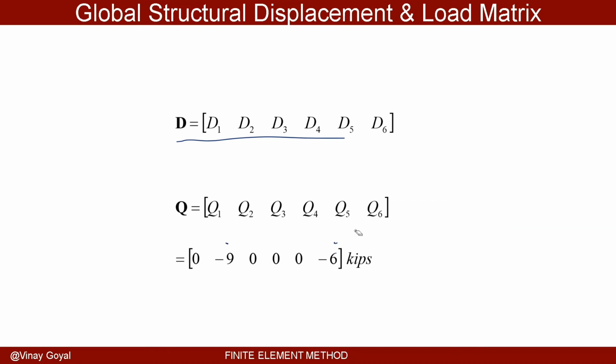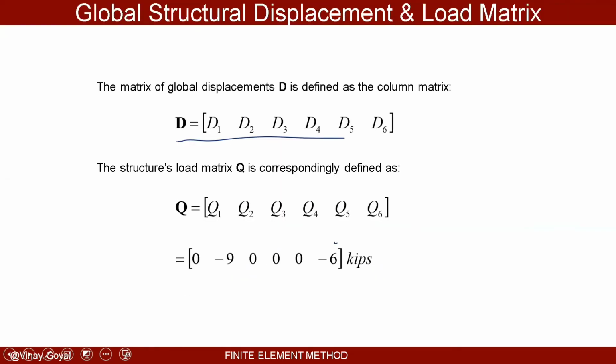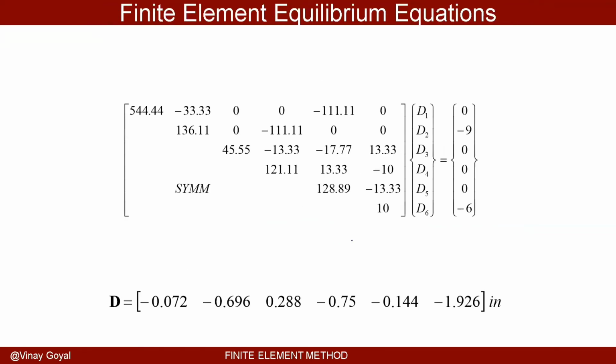Again, degrees of freedom 2 and 6 are the only places I'm applying a load, and that coincides with what I have here. Now I can solve it. I know K, I know the forces. Invert this matrix, pre-multiply against the vector, and you get the deflections. And that's what I get for the deflections.